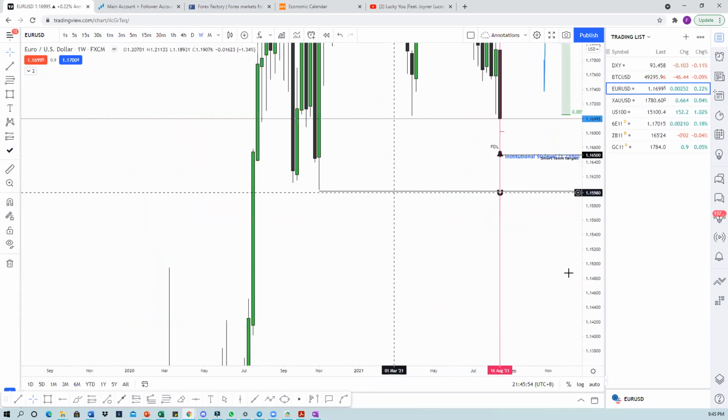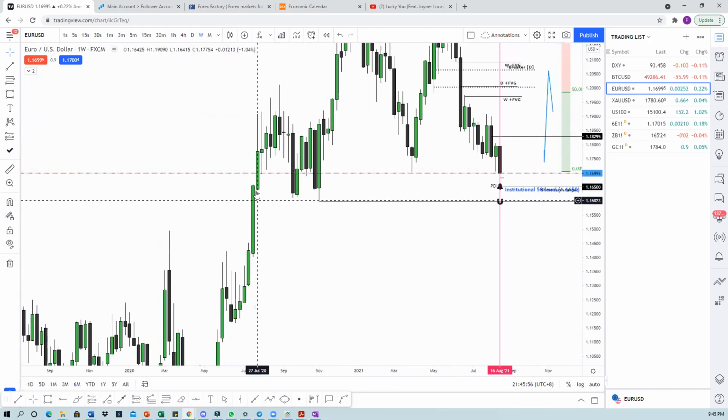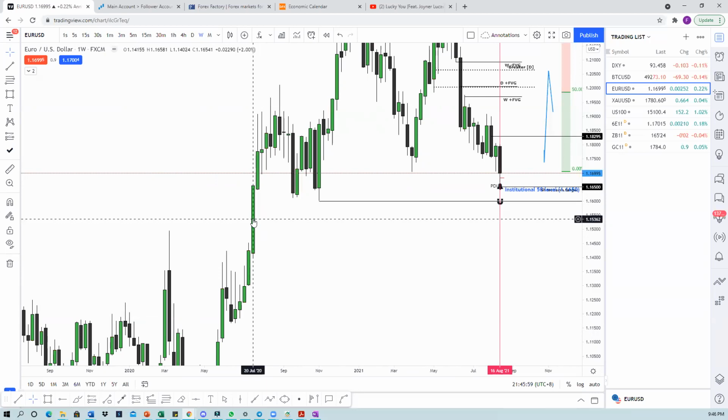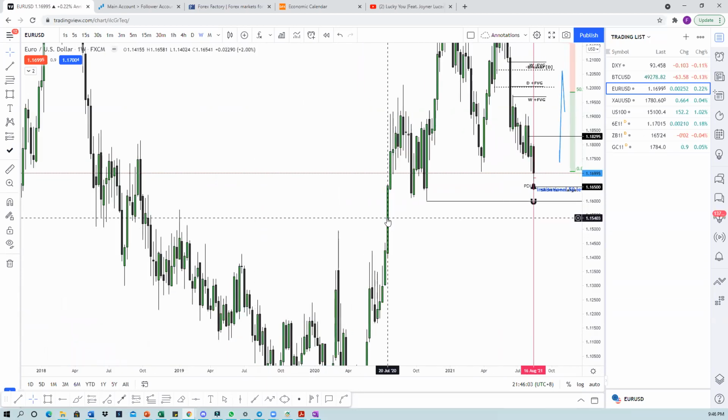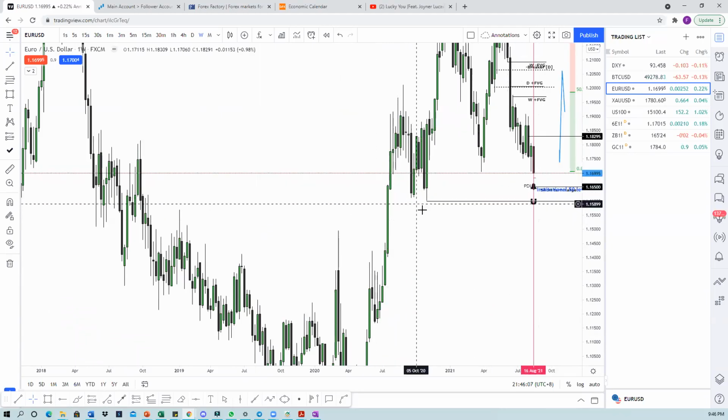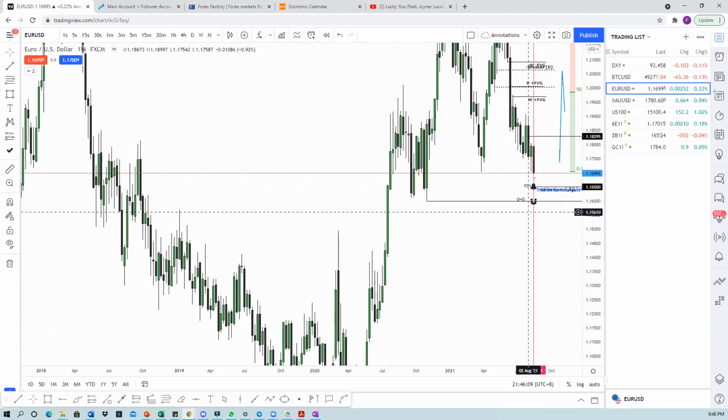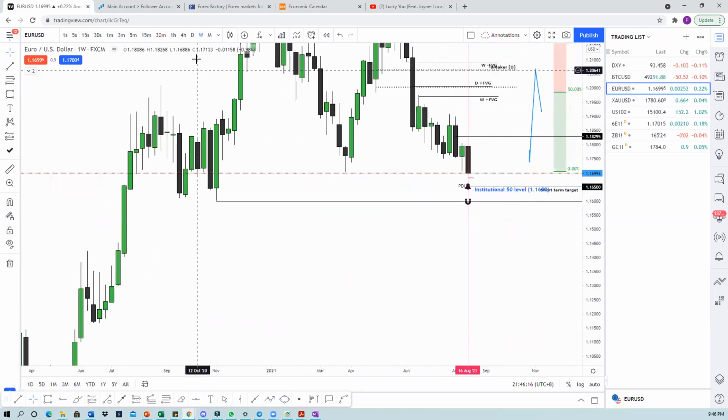So where's the next PD array? The PD array will be this fair value gap, consequent encroachment here, right there. So that's probably the next draw. After it goes down here, it will either immediately jump down to go here, or it will take its time up and down and go back down there. But that's the story for another day.